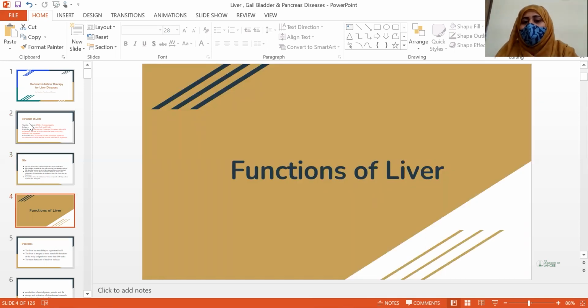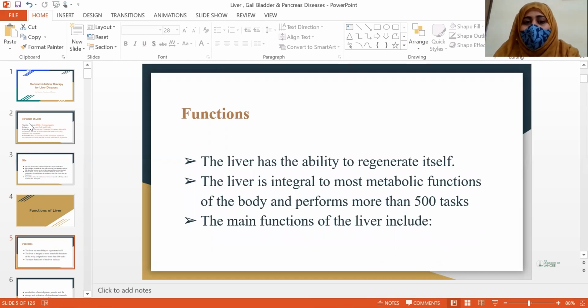Next, we will discuss the functions of the liver. The liver has the ability to regenerate itself. That's why many people donate half of their liver. The liver is integral to most metabolic functions of the body and performs more than 500 tasks.